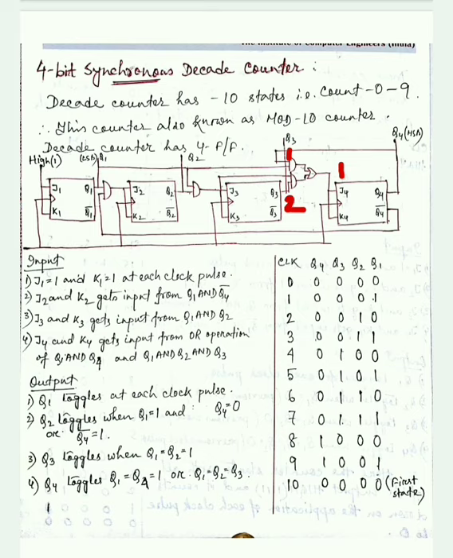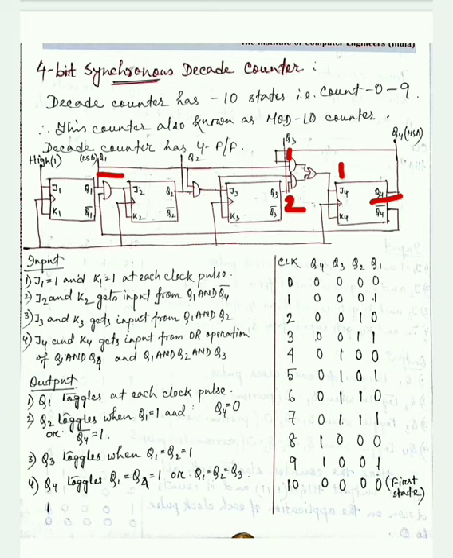One input is from Q1 and another input is from Q4. And for AND gate 2, one input is Q3 and the other input is from the previous AND output, that means the AND operation of Q1 and Q2. So ultimately the input of AND gate 2 is the AND operation of Q1, Q2 and Q3.